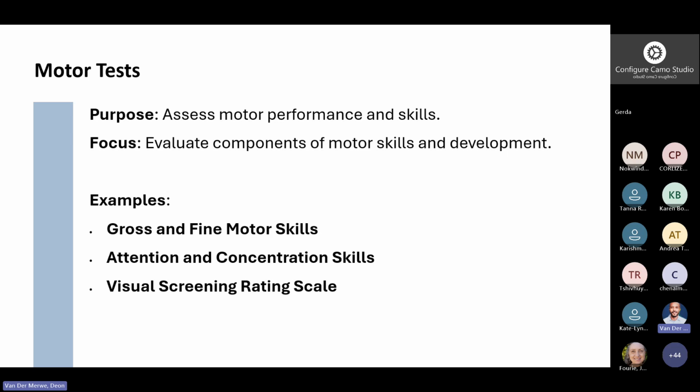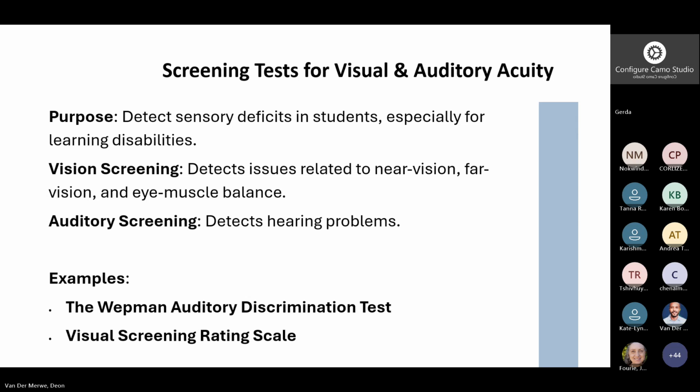And this is the component of motor performance measurement, which looks at gross and fine motor skills, attention and concentration skills, as well as visual screening rating skills. And then we have the screening test for visual and auditory acuity.